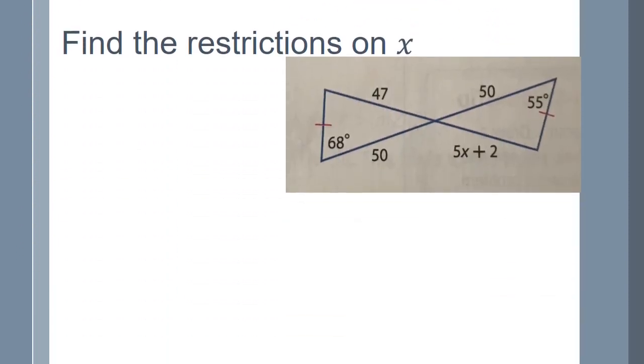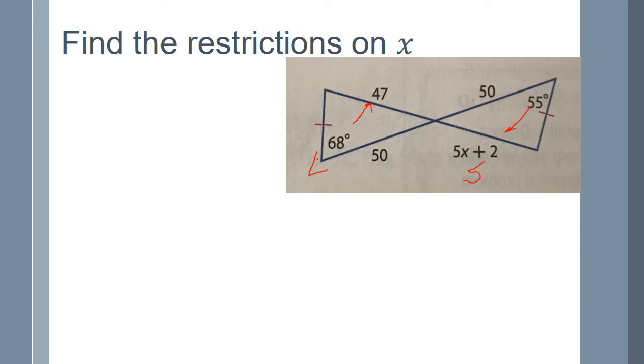All right, so here we have more restrictions on x. So we know that this is 68 degrees. This is the larger angle. So 47 is the longer side. 5x plus 2 is going to be the smaller side.